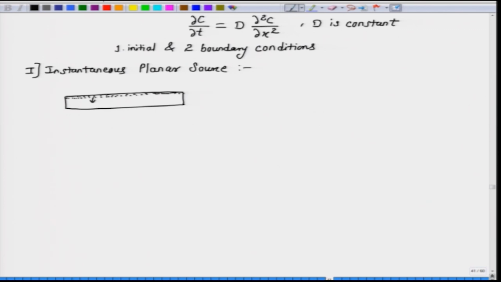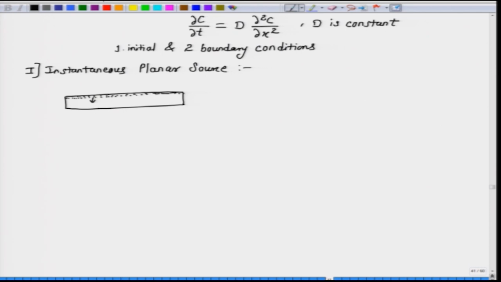Okay. So, this is the instantaneous planar source. What is the initial condition here? To start with, there is no dopant in the silicon, or if we are considering the diffusion of let us say material B in A, initially A is pure. The initial concentration of B in A is 0.